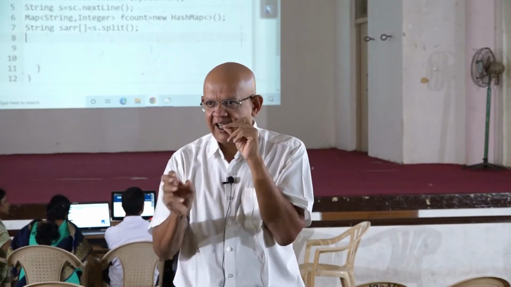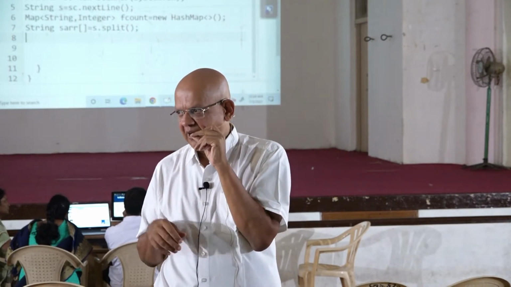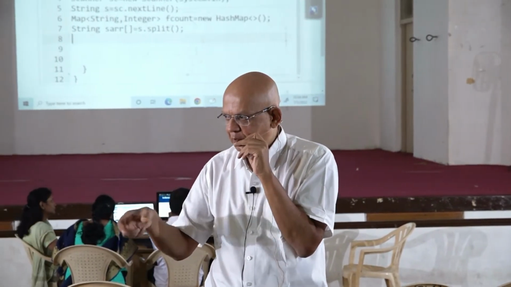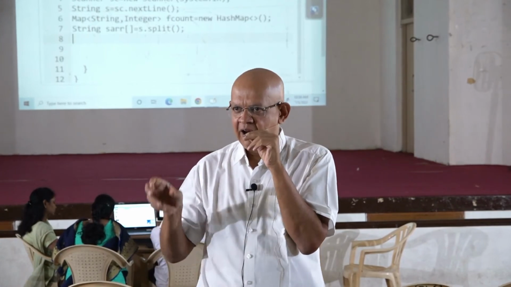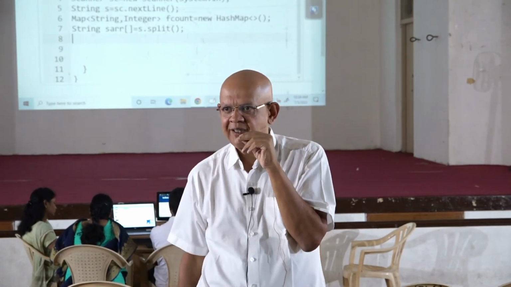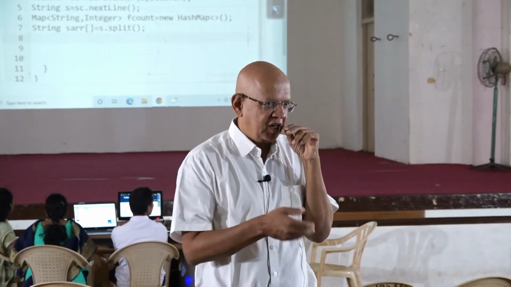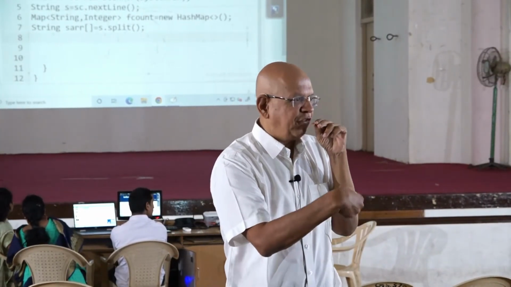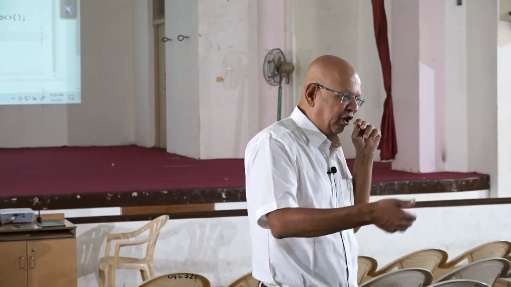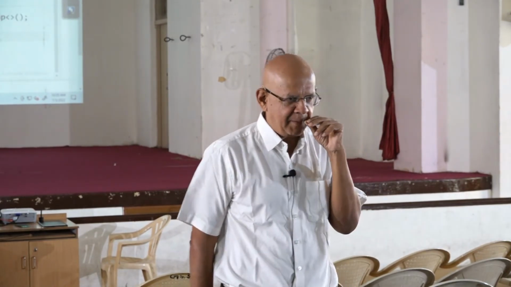If it is not there in the dictionary, then I should create a default value of 1. Is that correct or not? If the word is already there, whatever the frequency count, I have to increment it. If it is not there, I should create it with the frequency count of 1 because it's the first time it has appeared. Right? How will I do that?